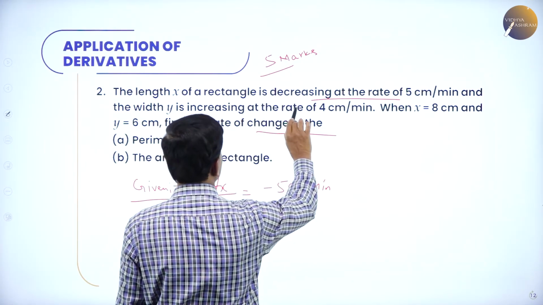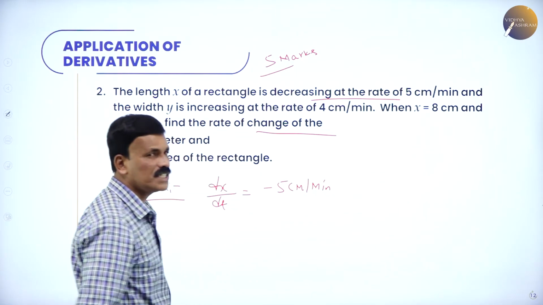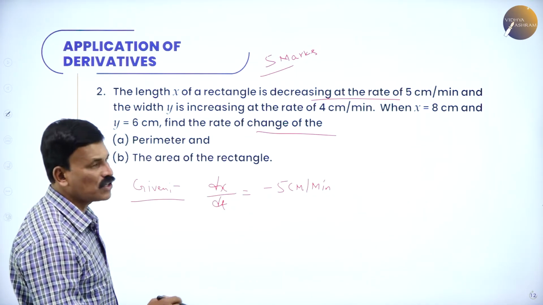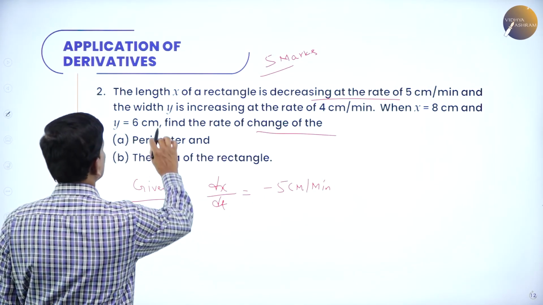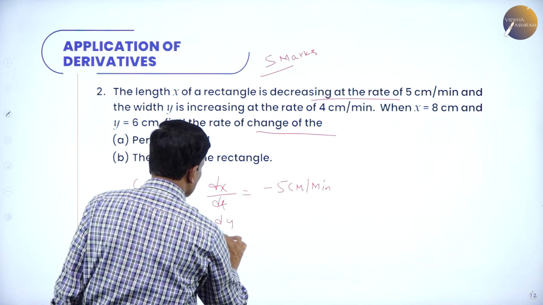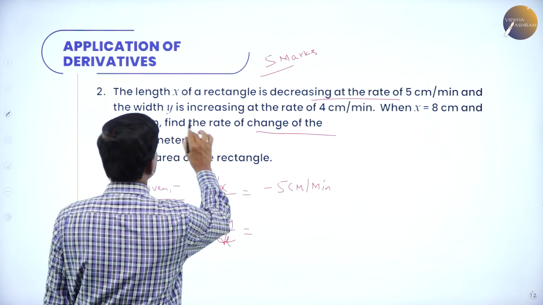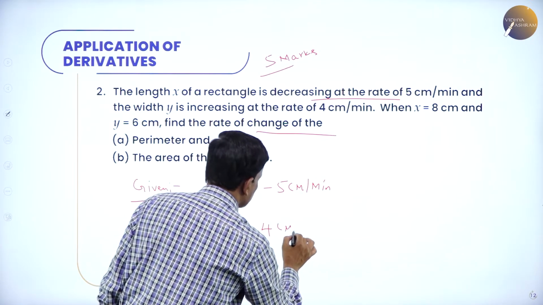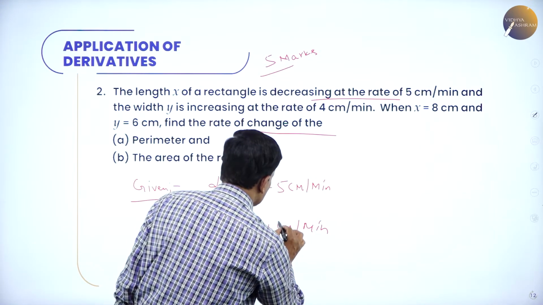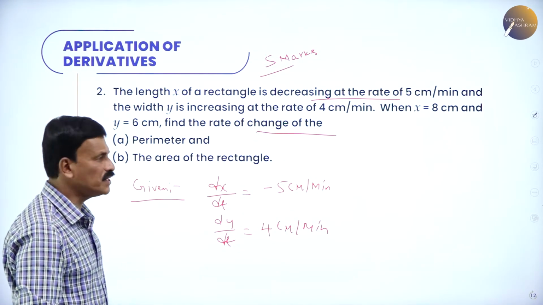The length x is decreasing at the rate of 5 centimeters, means dx by dt is equal to minus 5 centimeters. The negative sign indicates it is decreasing. Further, if y is the width, the width y is increasing at the rate of 4 centimeters per minute. This is positive because this is increasing. dx by dt is negative, dy by dt is positive.